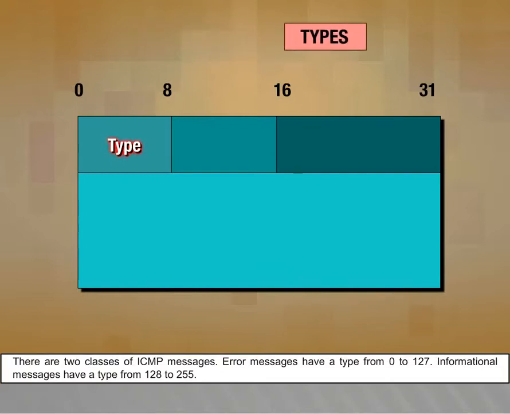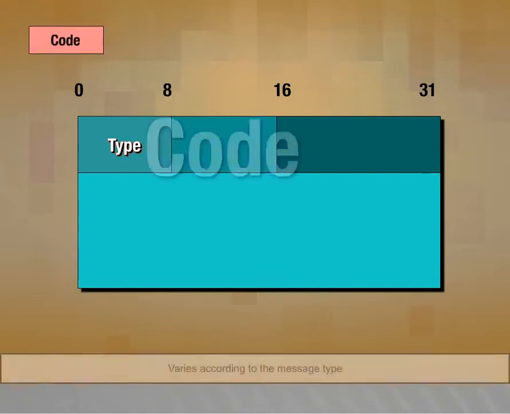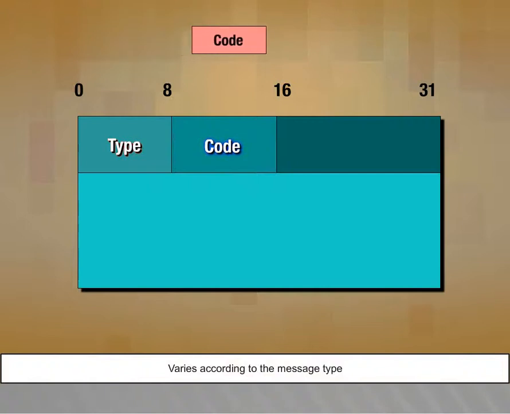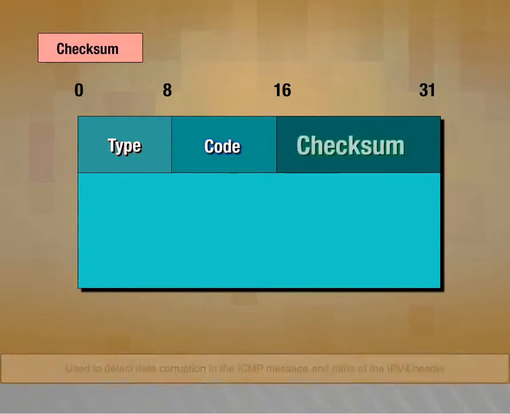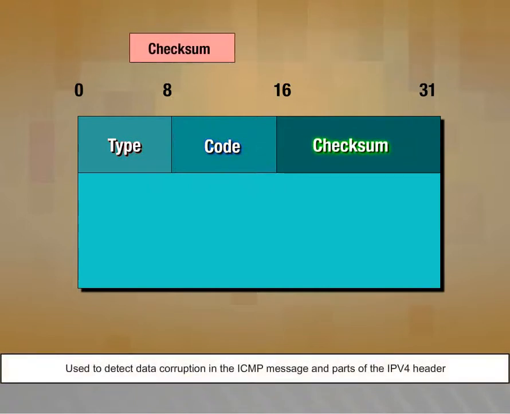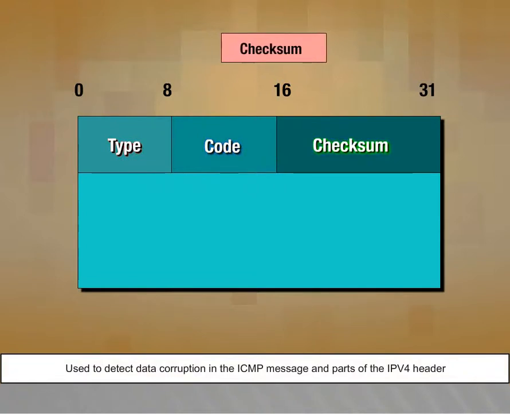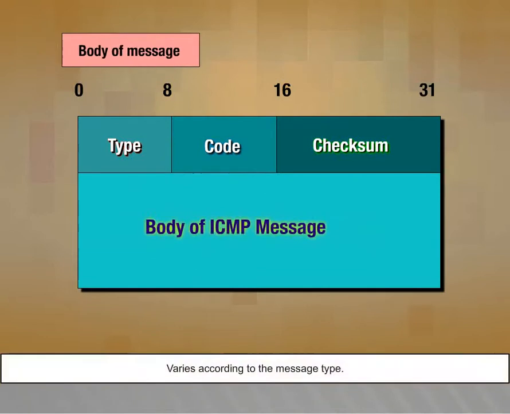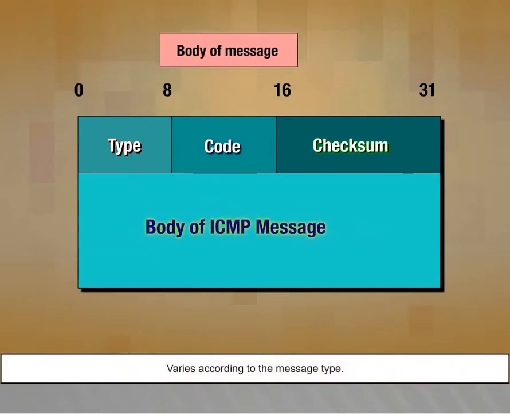Informational messages have a type from 128 to 255. Code varies according to the message type. Checksum is used to detect data corruption in the ICMP message and parts of the IPv4 header. Body of message varies according to the message type.